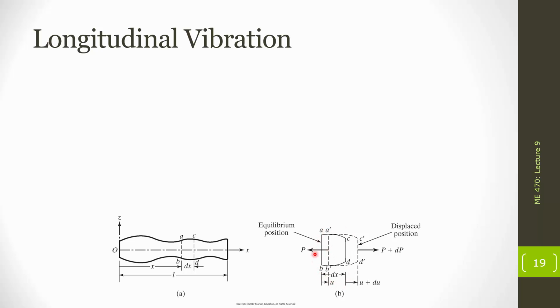And we're going through this very small slice dx, so we are going to presume that the right side is going to undergo a very close amount of deflection, u, plus a small difference, du, as we go left to right. And that du can be positive or negative, like we saw with the string. And the same thing with the internal normal force. We're going to presume the left side has an internal normal force P. As we go slightly to the right, that internal normal force will only change by a tiny amount, dP.